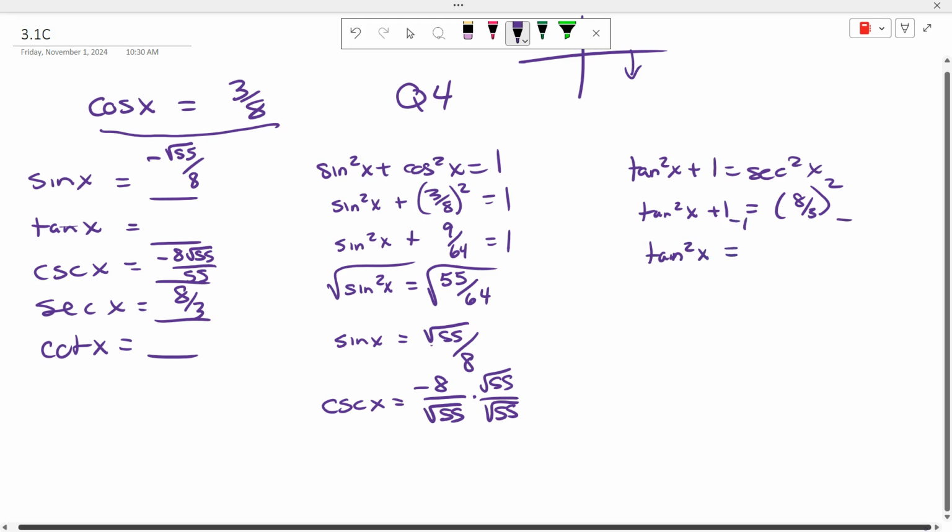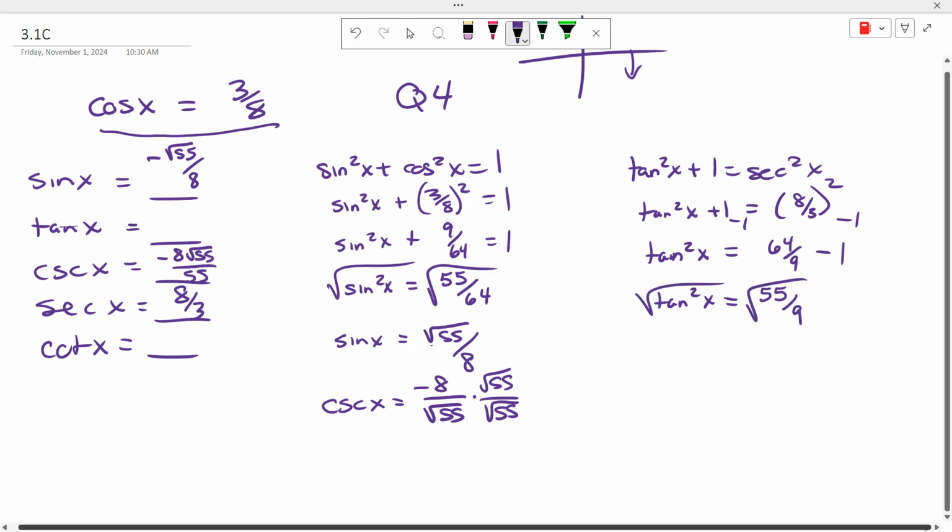If I subtract 1 from each side, 8/3 squared is 64/9 minus 1. 1 is 9/9. What's 64/9 minus 9/9? 55/9.